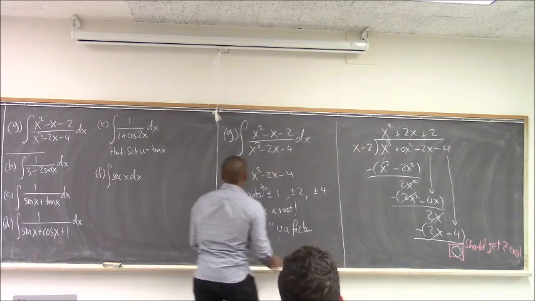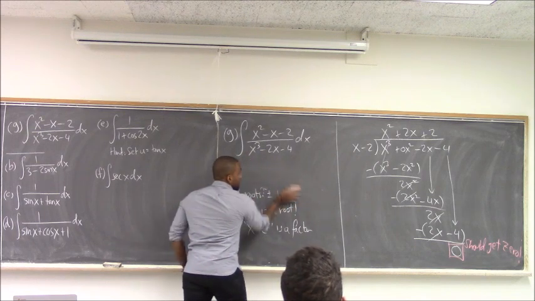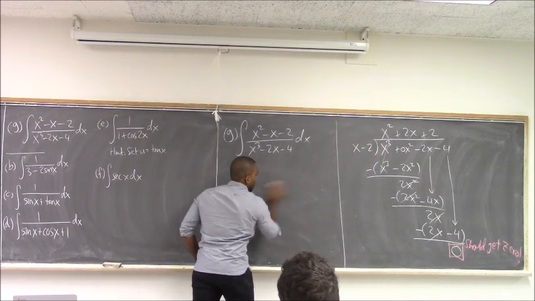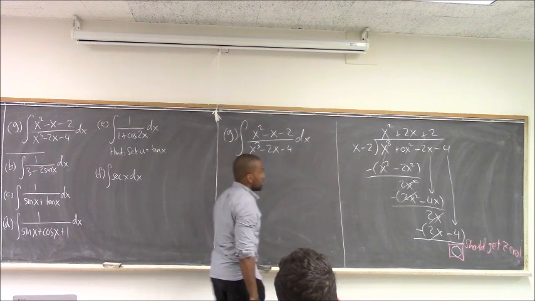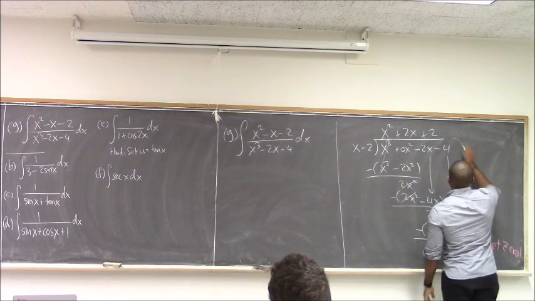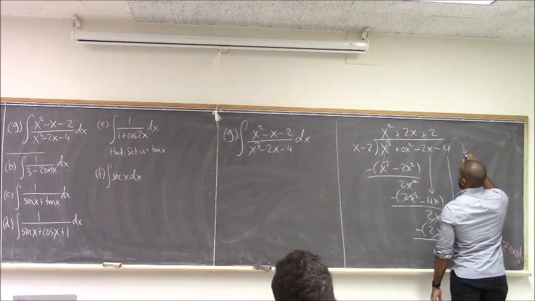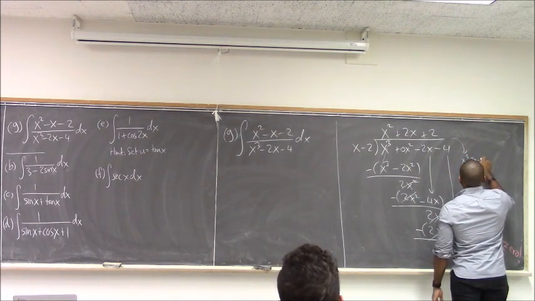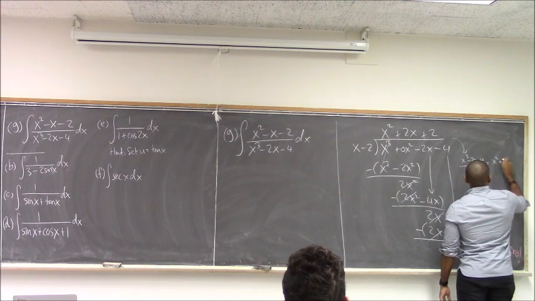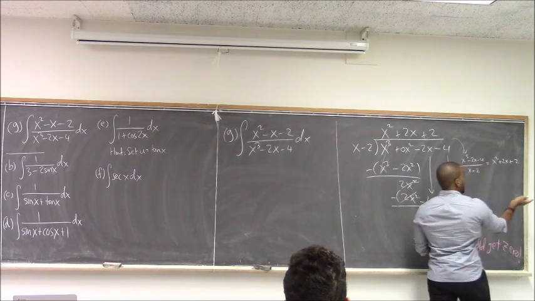It means that the denominator will actually factor into x minus 2 times that. Remember, it's the quotient: x cubed minus 2x minus 4 divided by x minus 2 is equal to x squared plus 2x plus 2 with 0 remainder.